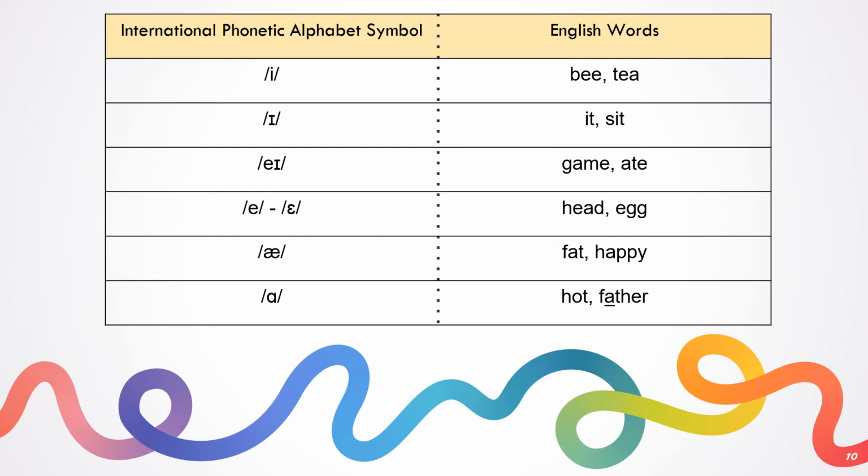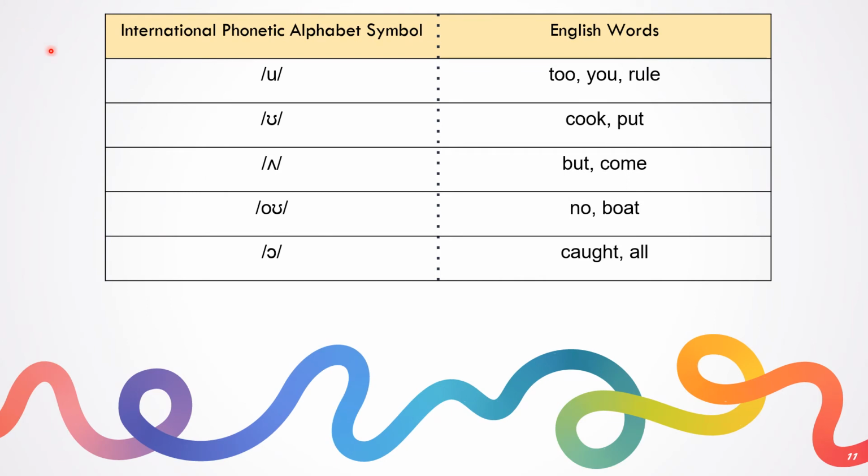Hot, father. Here we have the international phonetic symbol, and just pay attention how we pronounce it in these English words. To, you, rule. Then we have cook, put. Then but, come, no, boat, caught, all.